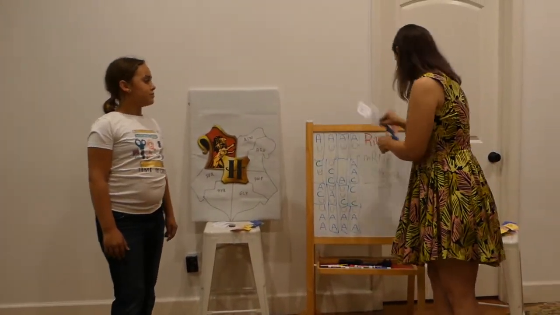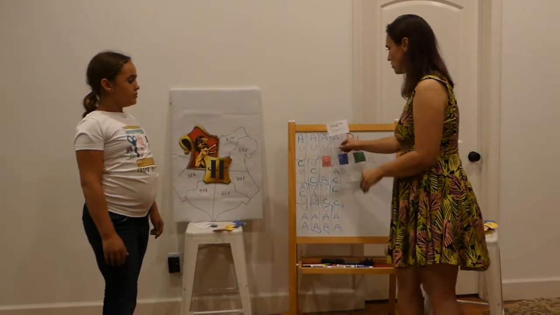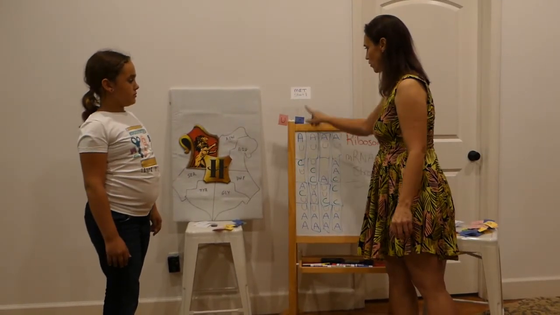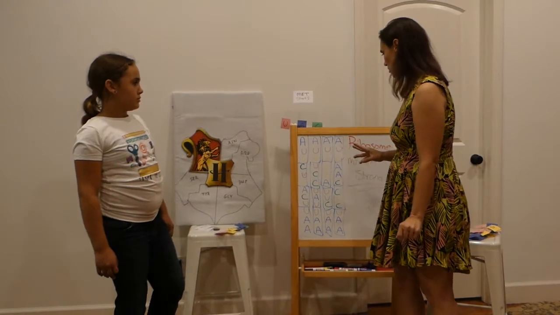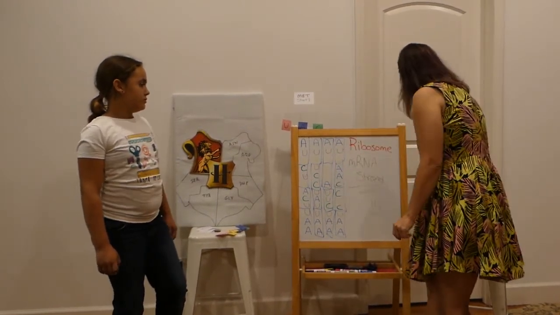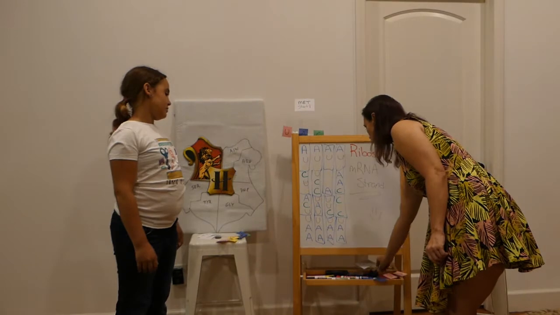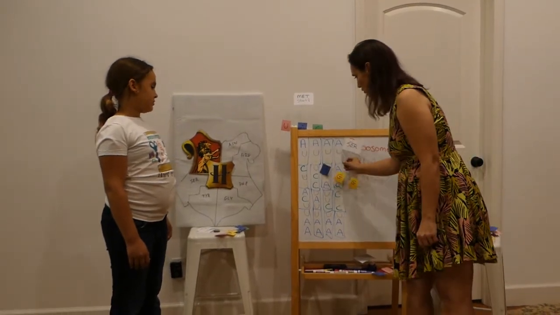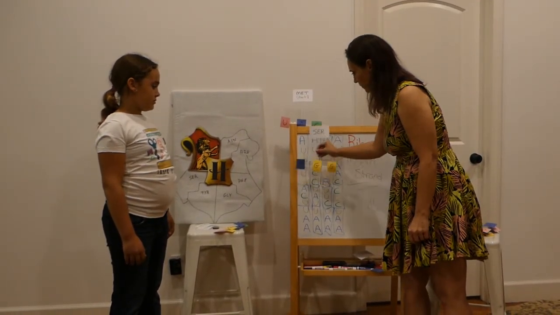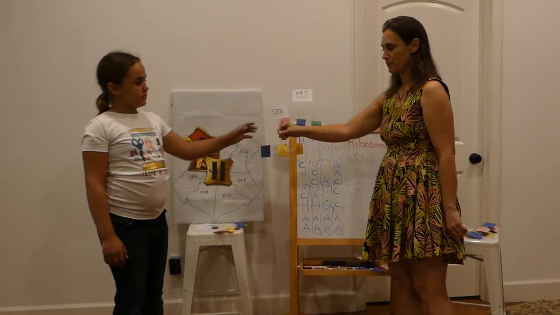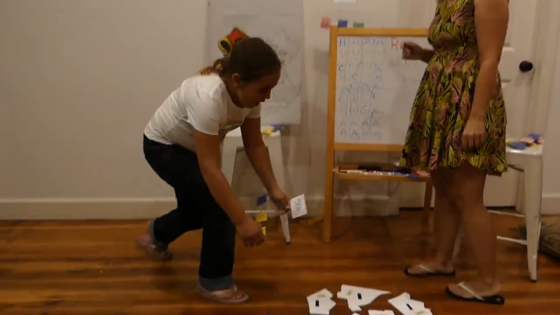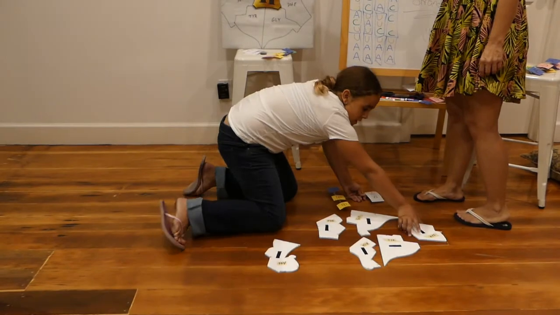All right. We already know AUG is going to be a start. So here we go. We're going to start building another protein. The next amino acid code is UCC. So that's going to match to AGG. That's coding for SER. So transfer RNA runs out into the cytoplasm.